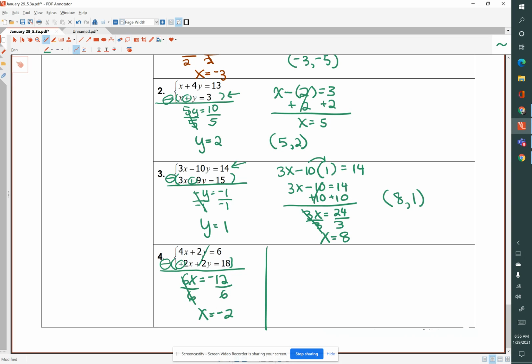Now, I'm going to go ahead and substitute this negative 2 for y in the first equation. 4x plus 2 times negative 2 equals 6. The first thing I'll do is this distribution. 4x minus 4 equals 6.